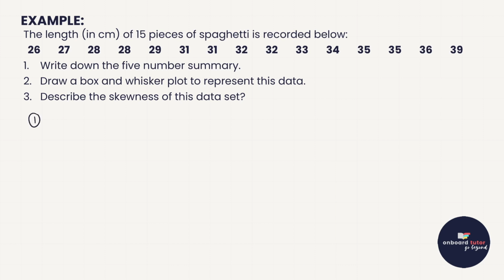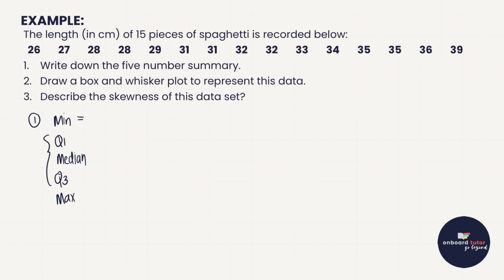Okay, 5-number summary, what are we dealing with? We are dealing with a minimum, quartile 1, quartile 2, which is also known as the median, quartile 3, and a maximum score. Okay, so that's what I need to work out. All right, I'm going to need to work out the positions of these 3, but the minimum and the maximum I can see straight from looking at this data set.